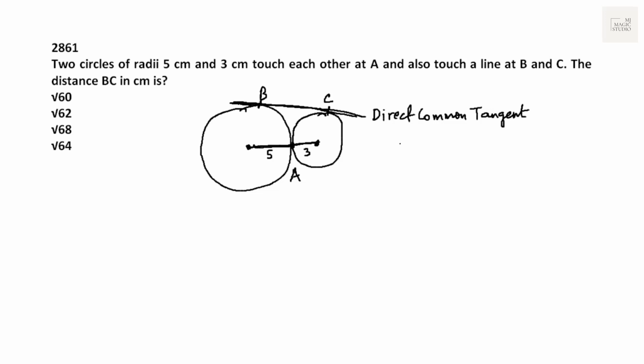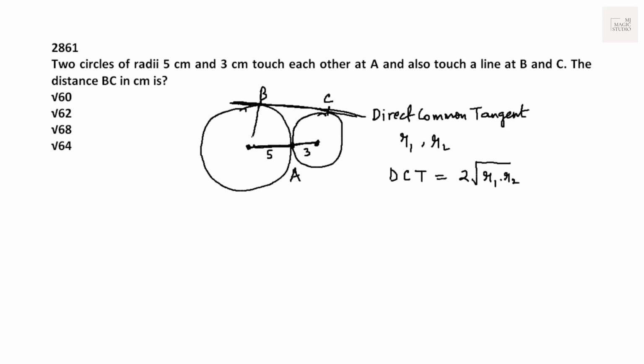If the radii of the two circles touching each other at point A are R1 and R2, then the direct common tangent is simply 2 times root over R1 into R2. You can see how it is.